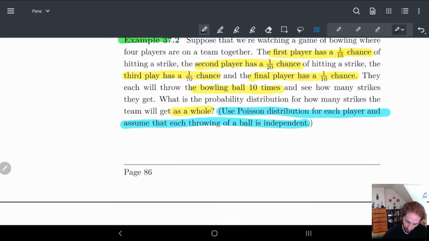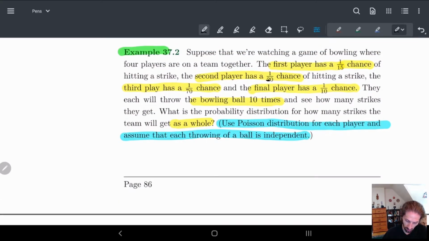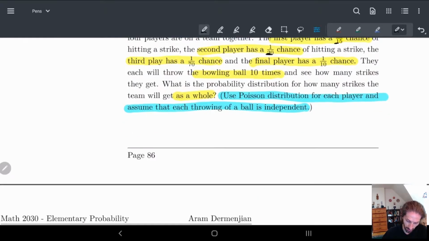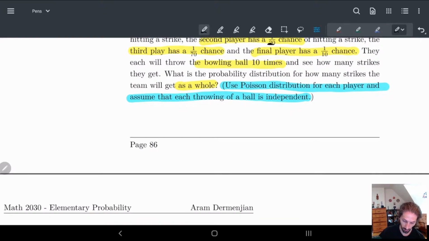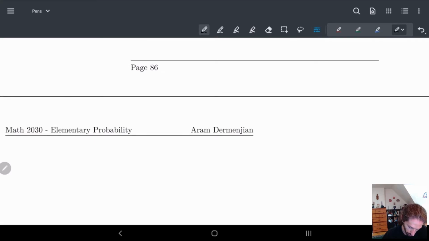I'm given my parameters of 1/20th, 1/15th, etc. No, these are not the parameters, sorry. These are the chances, right? So I need to figure out my mu. In this case, my mu is just np, right?